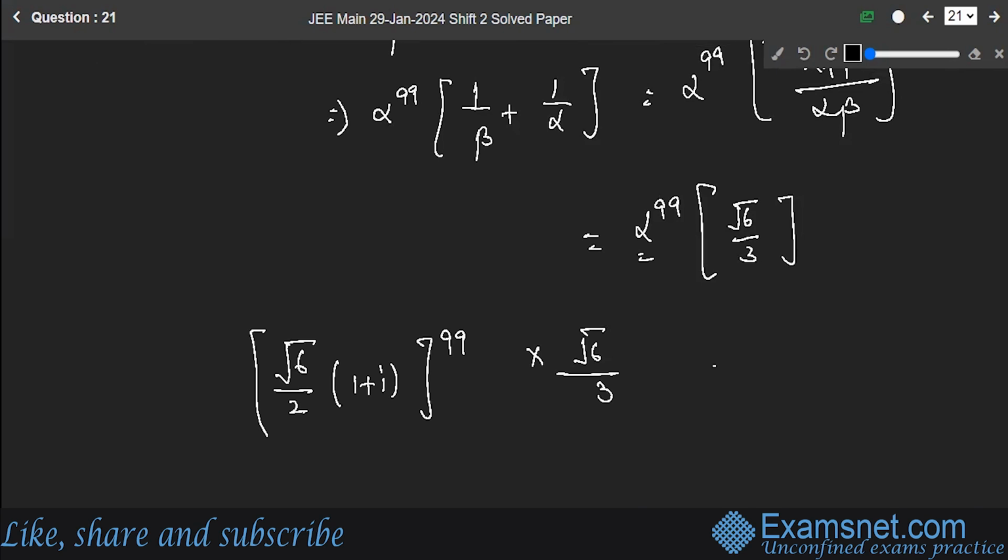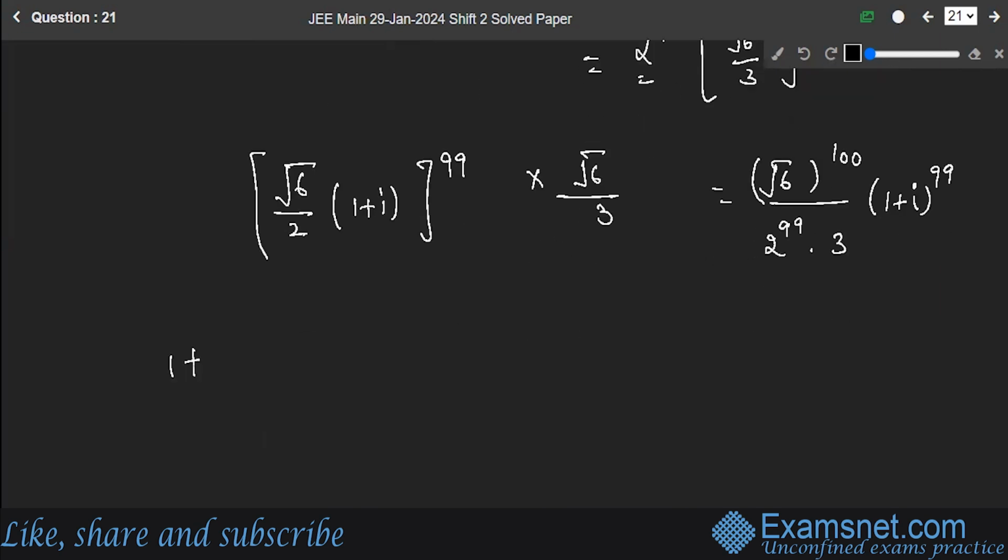So this is equal to root 6 power 100 upon 2 power 99 into 3, into 1 plus iota raised to power 99. You know one thing, 1 plus iota is equal to root 2 into e power iota pi by 4.